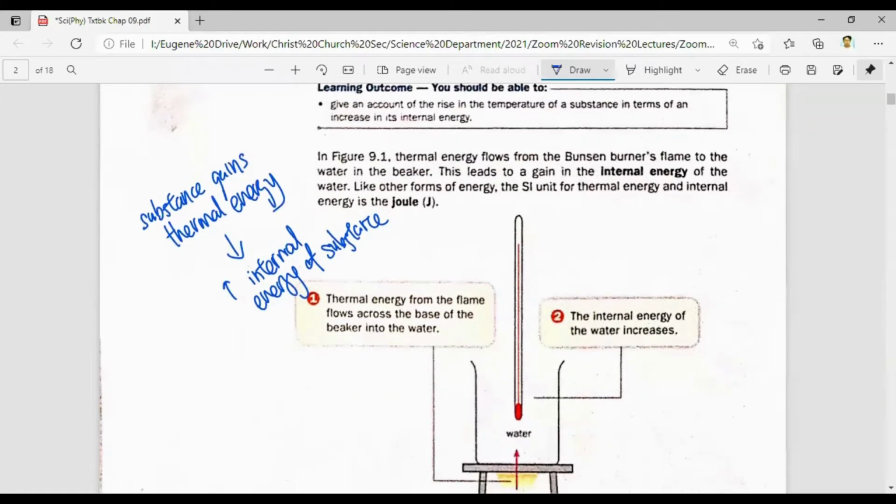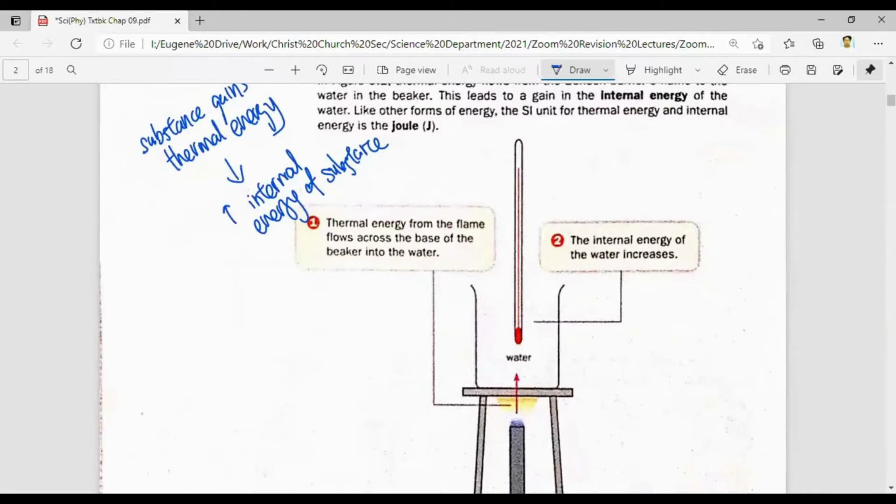For example, when a beaker of water is being heated by a Bunsen burner, the thermal energy from the flame is transferred to the water, and the internal energy of the water increases.